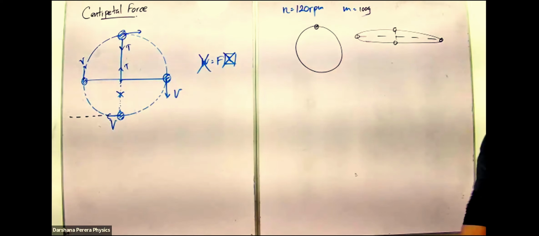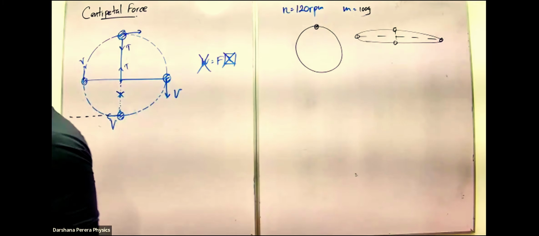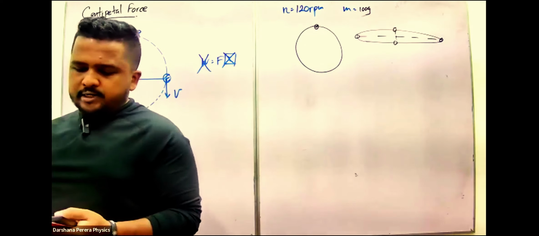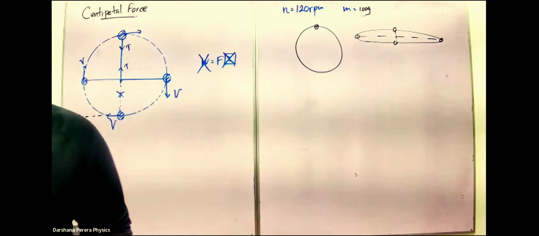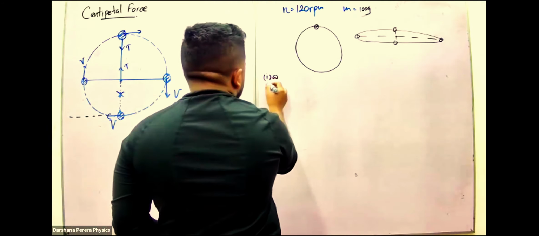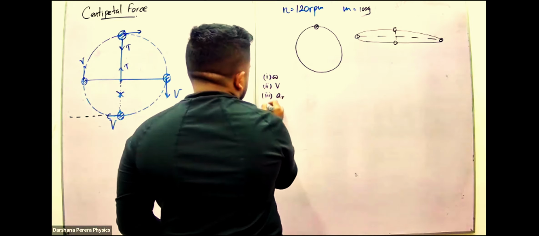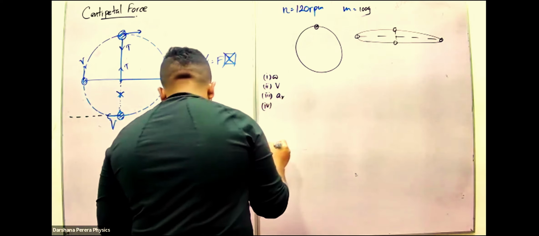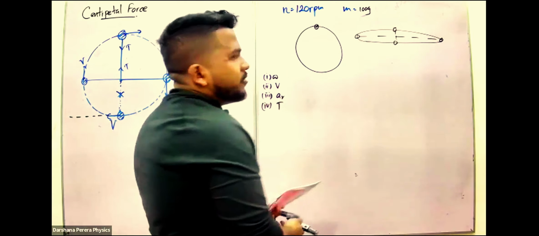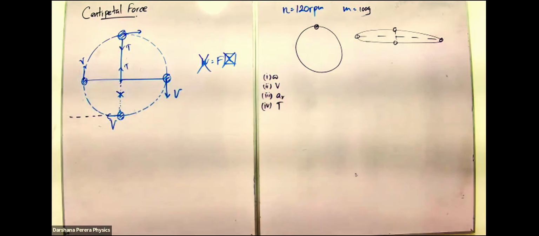Number four, find the period of motion. Right. Number one, angular velocity, omega. Number two, v. Number three, a_r. Number four, period of time, T. Find it.